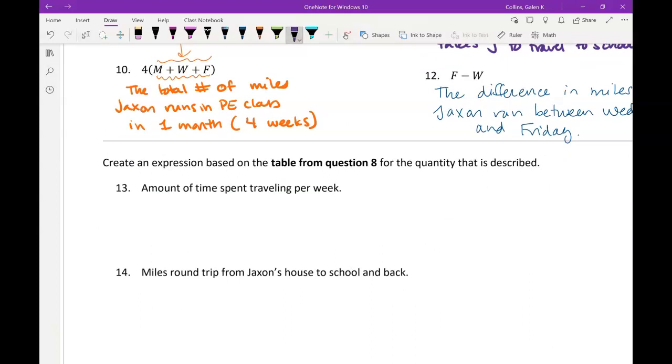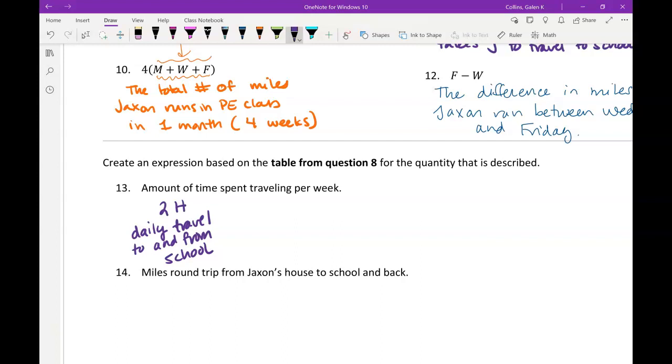So if I were to write, for example, the expression 2H, that would represent his daily travel to and from school, because just H is his travel to school, but then he has to travel H back.